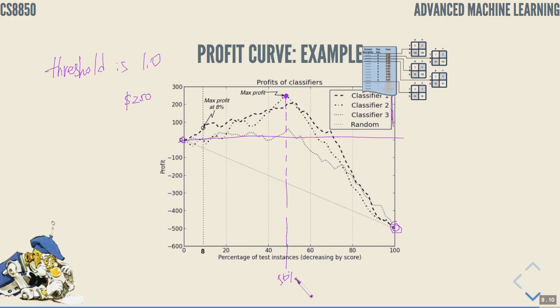Now I can overplot my score line, the confidence, on its axis, and figure out what the threshold is. In production, I should use classifier 2 as the one that gives me maximum profit with this specific threshold.